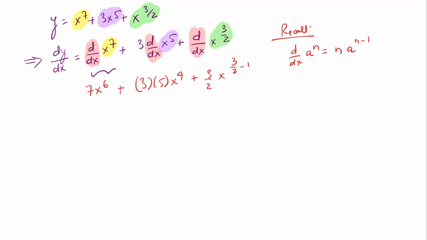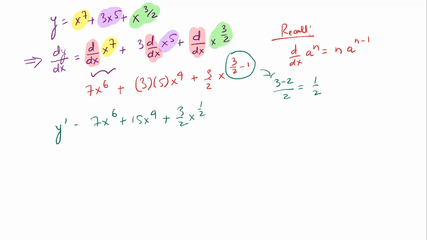And this whole exponent, 3 over 2 minus 1, is 1 over 2, right? The final expression is 7x to the power 6 plus 15x to the power 4 plus 3 over 2 x to the power 1 half. So this is the first derivative.